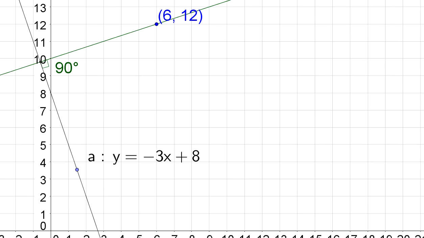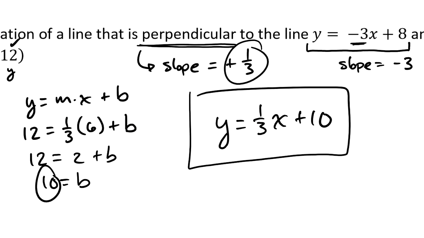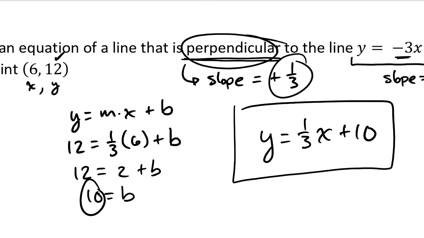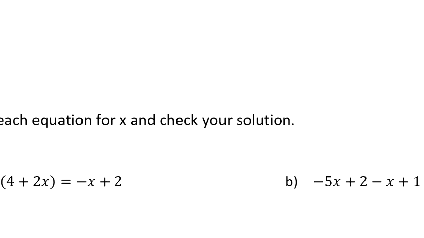It's got 90 degrees, and I put the little tiny square there. So this solution, y equals 1/3 x plus 10, does exactly what we were asked to do. It's the equation of a line that is perpendicular to this given line, and it definitely goes through this point, (6, 12).